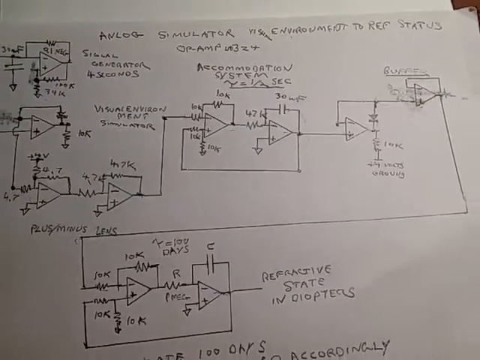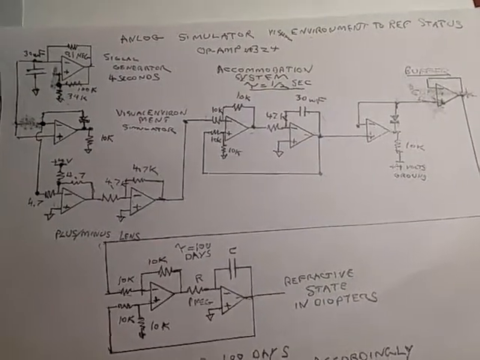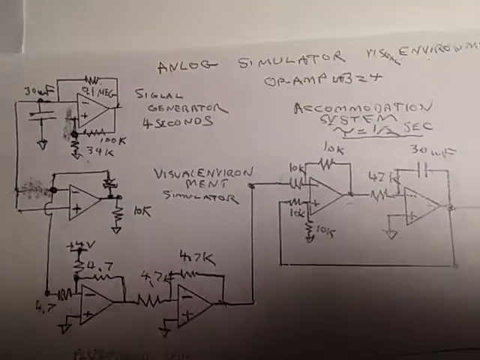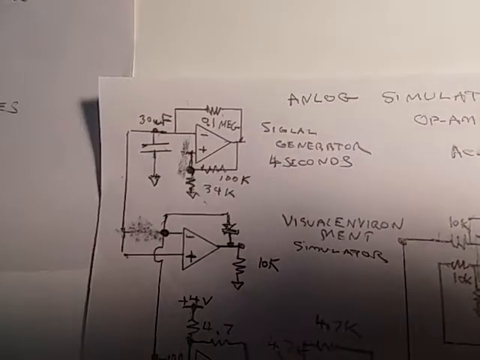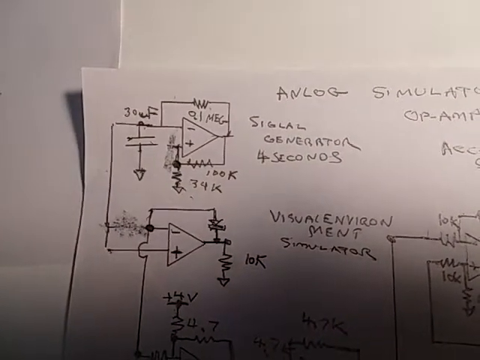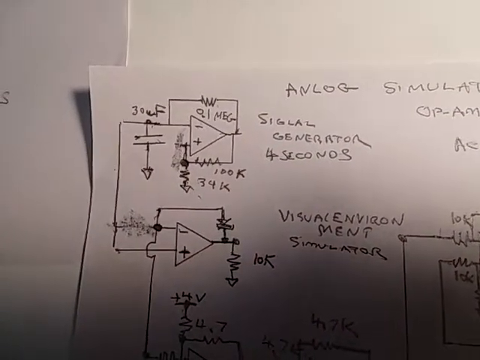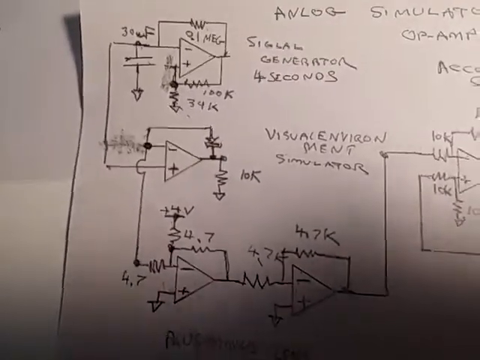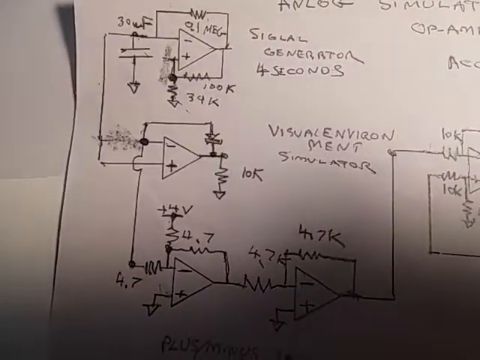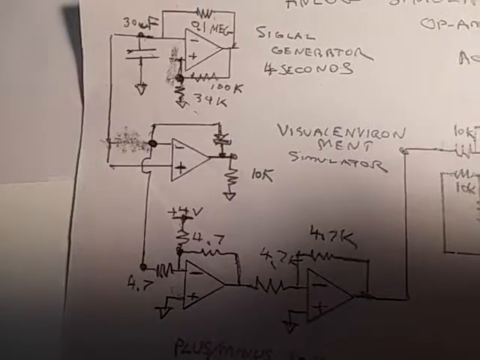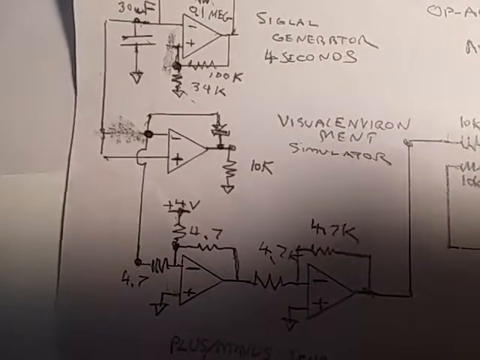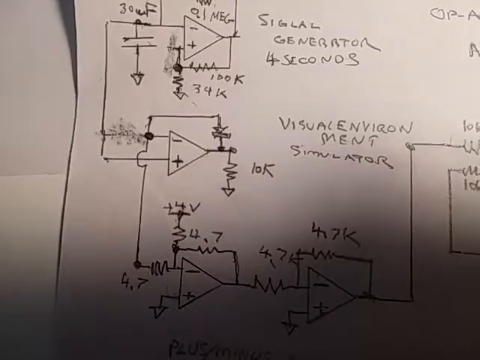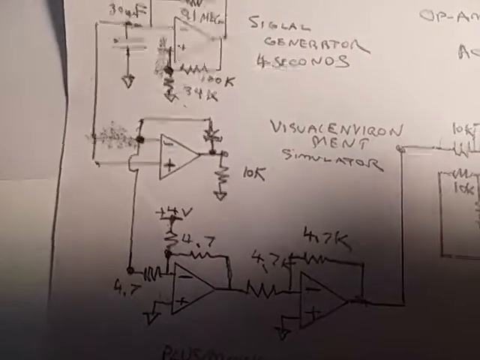Here's the electronic version in more detail. It's necessary to use a signal generator with a 4-second period. That signal is converted into a visual environment by passing only negative values of the visual environment, since that is what is presented to the accommodation system.